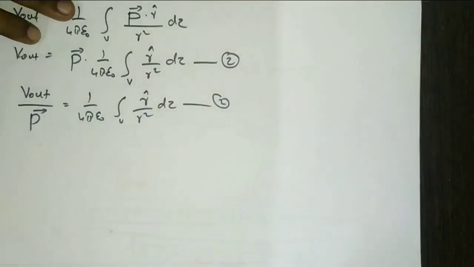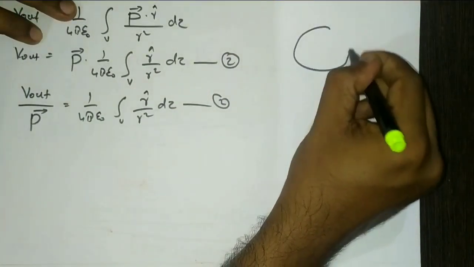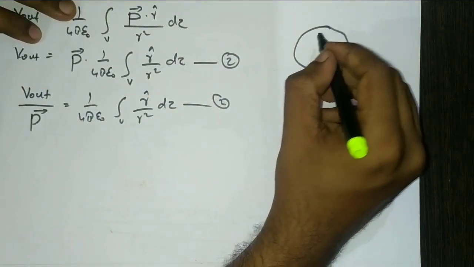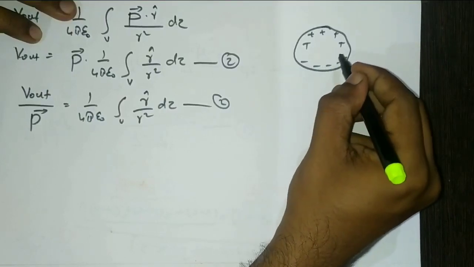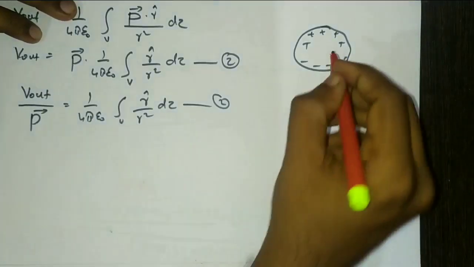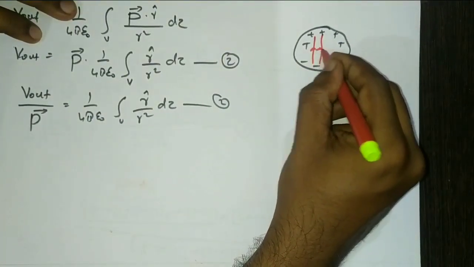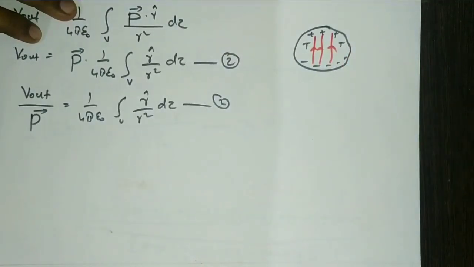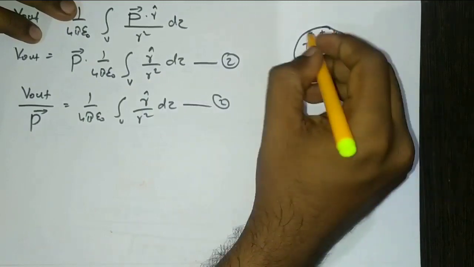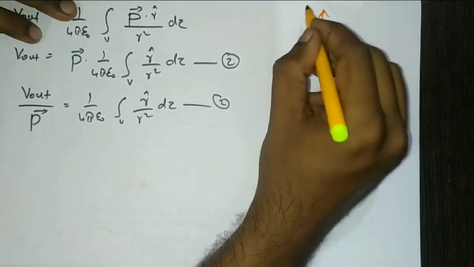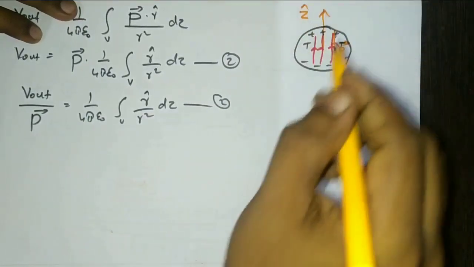Now, in the case we were talking about, the uniformly polarized sphere, where the positive charge will be here and negative charges will be here, the dipole moment will be from negative to positive. Therefore, the direction of the polarization is along this direction. That is, the sphere is polarized along the z direction.